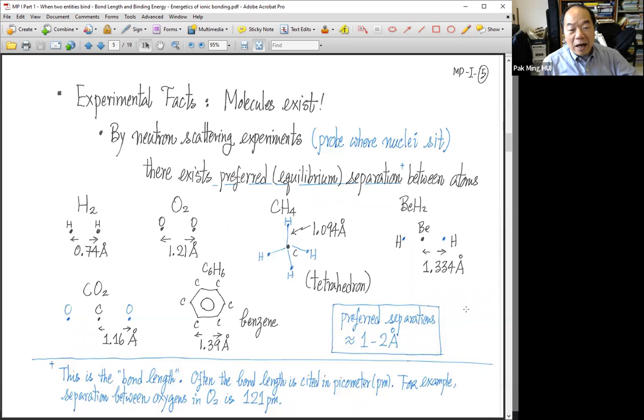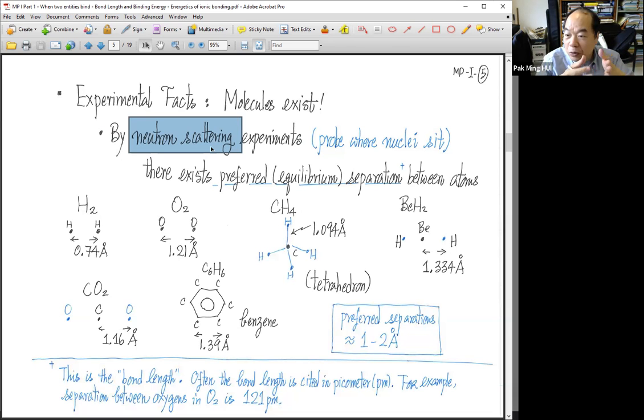And then, first of all, realize one thing. We can probe, for example, using neutron scattering. Now, neutrons have the nice property that they do not interact electromagnetically with the electrons.